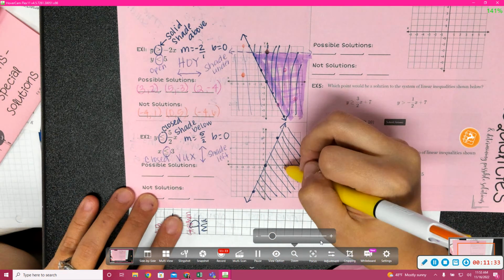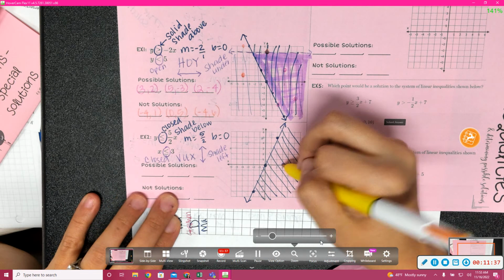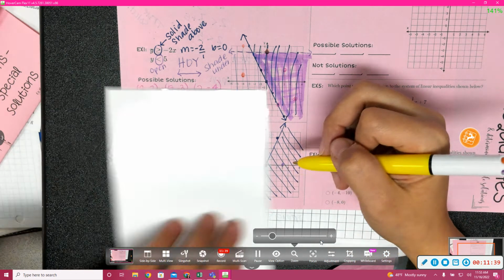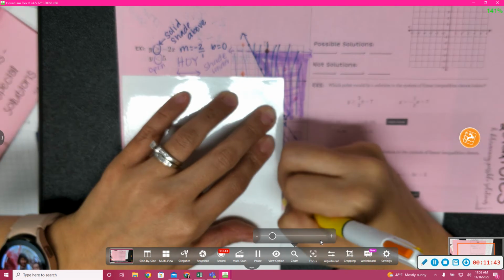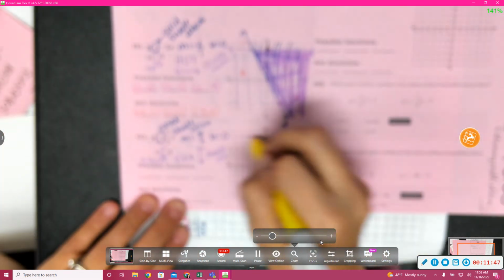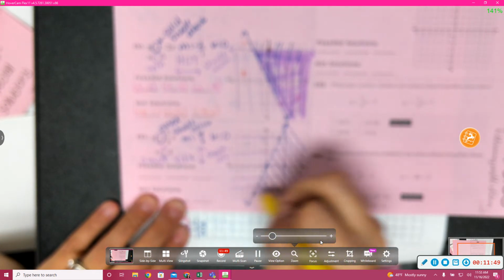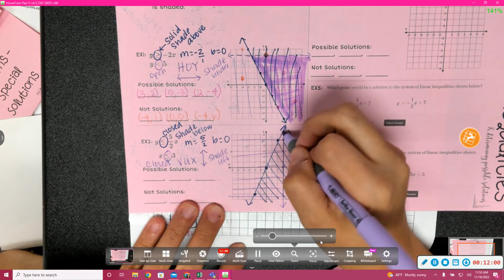So on 3, on my x, and it is a closed line. And we shade to the left. So the double shaded area is this section right here.